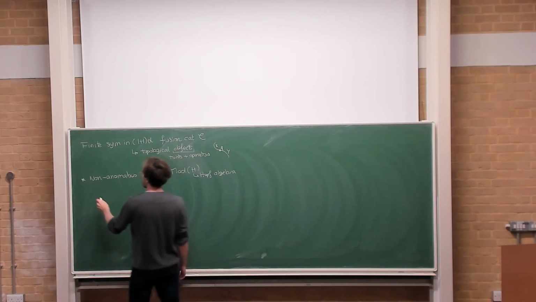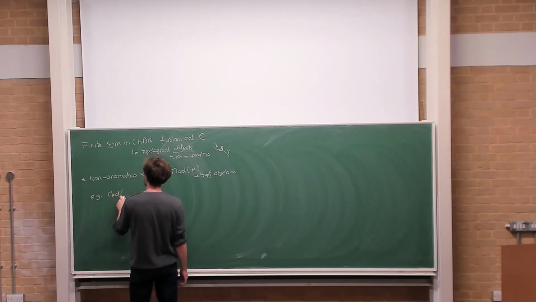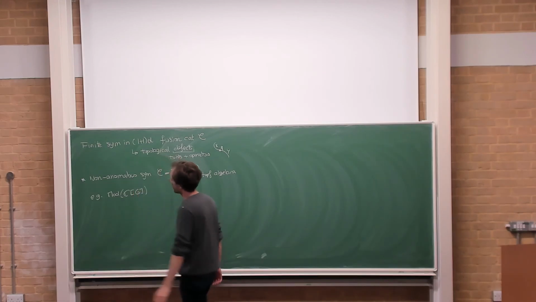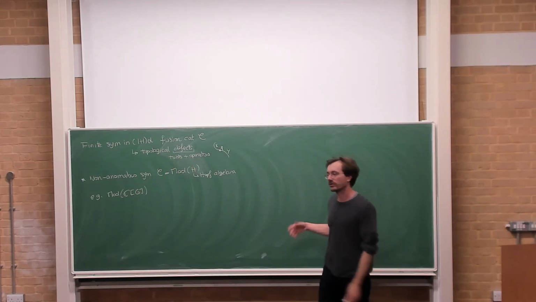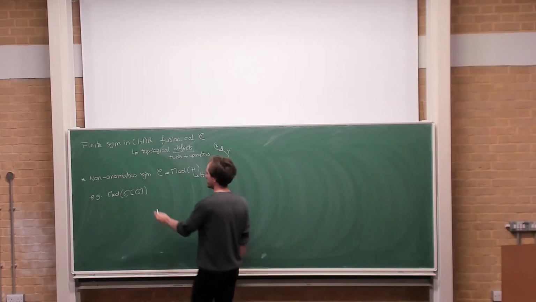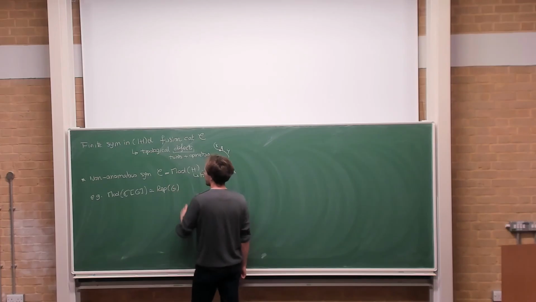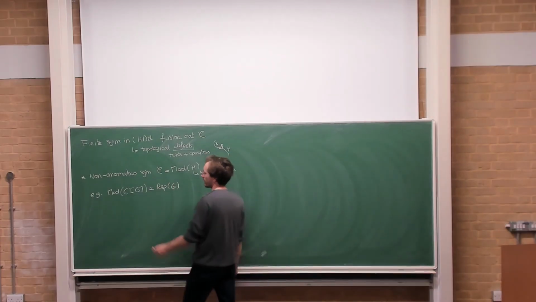For example, let's do two examples. If you take the category of modules over the group algebra, where square brackets denote the group algebra, meaning the multiplication of this algebra is given by the multiplication of the group itself, this is just equivalent to the category of representations, with the maps being the G-equivariant linear maps.